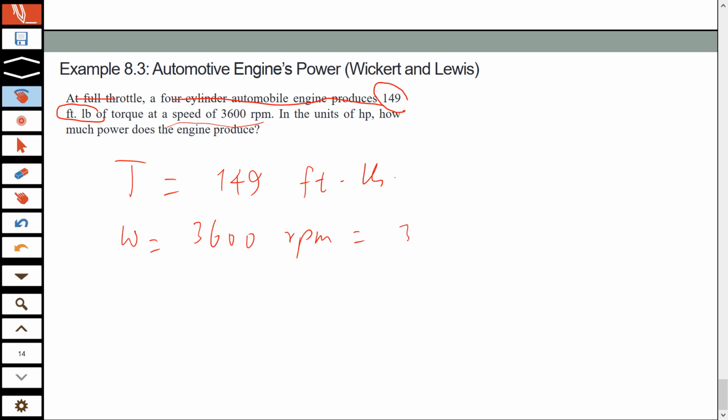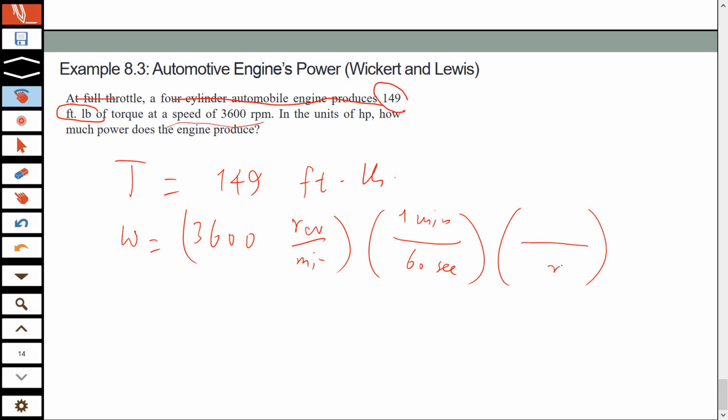You can convert this 3600 rpm, which is revolutions per minute, by doing that calculation again: I get rid of minutes first, seconds, and then I get rid of revolution by 2 pi radians, and this will give me something in radian per second.